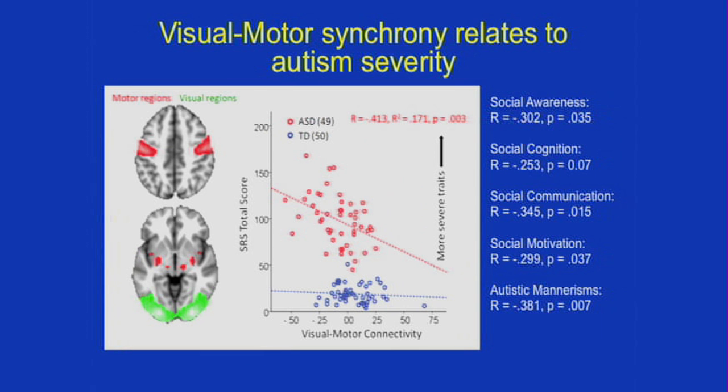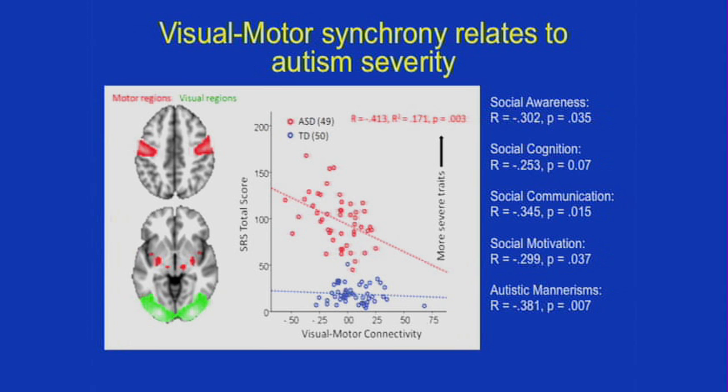Furthermore, as I talked about earlier briefly, we find a fairly robust association with the Social Responsiveness Scale, a measure of autism phenotype severity. We see no association in the typically developing children, but as you can see, they all have very low scores. So we see this fairly robust association, with lower visual motor connectivity associated with more impairment on the SRS.